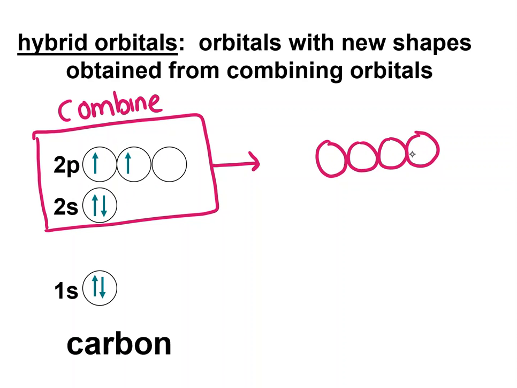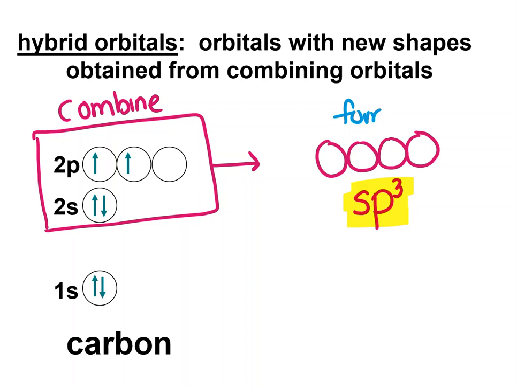Then I'm going to have a name for this. I'm going to call it s, because it had an s orbital, and then I'll call it p because it had p orbitals, but it has 3 of the p's, so I'm going to put an exponent there. This whole thing is the name of this type of orbital. There are 4 of them, and they're called sp3.